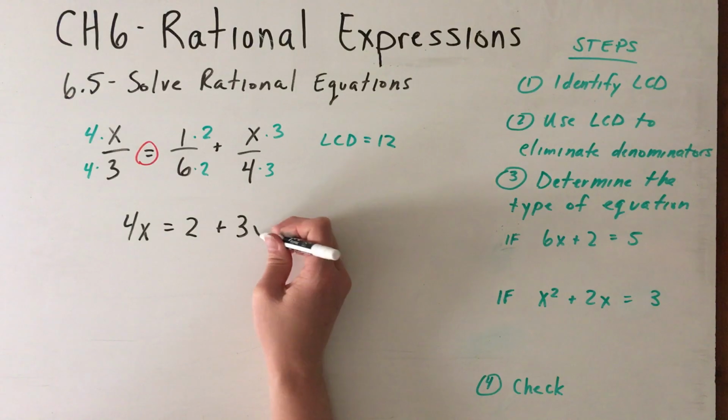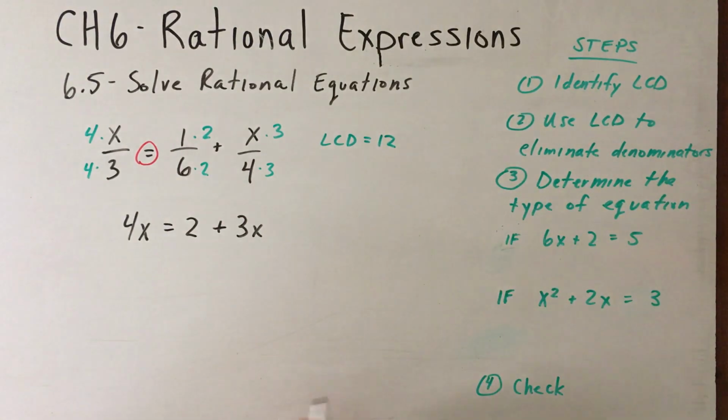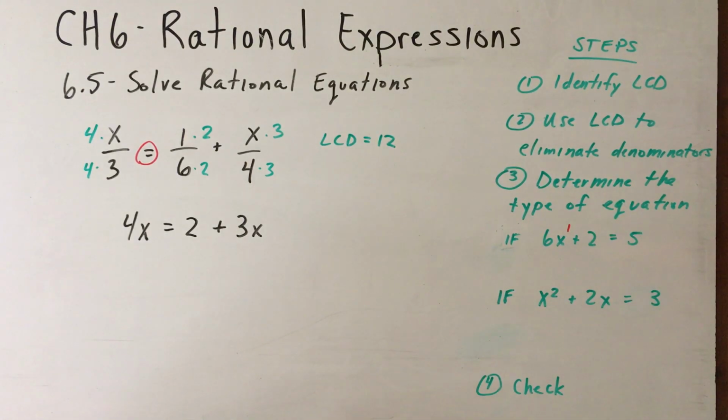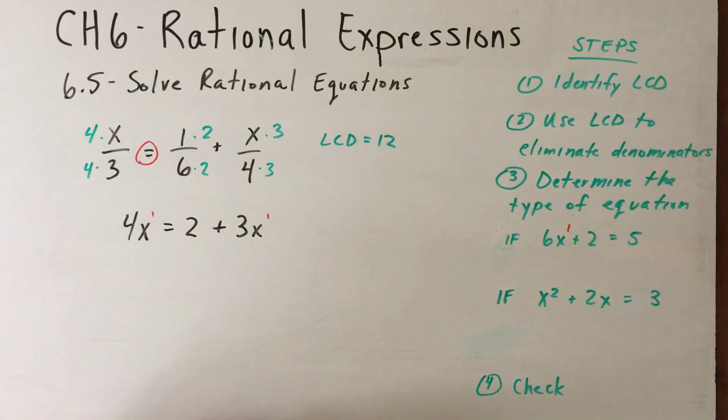I want you to notice here that now we've eliminated the denominators. Our third step is to determine the type of equation. If the exponent on my x term, when I've got it in the most simplified form, is to the first power, which in this case both of these are, then this is a linear equation.